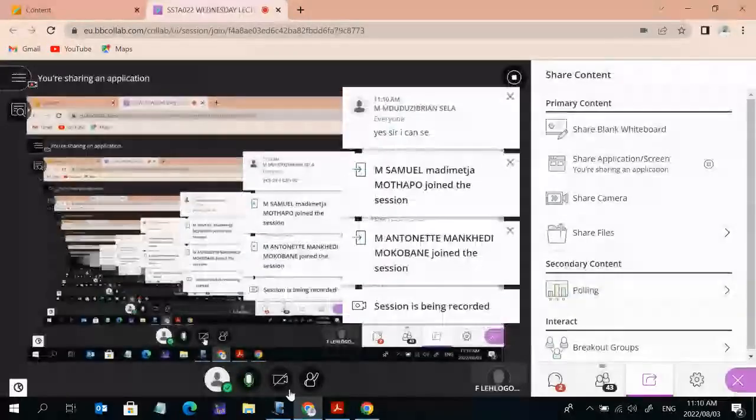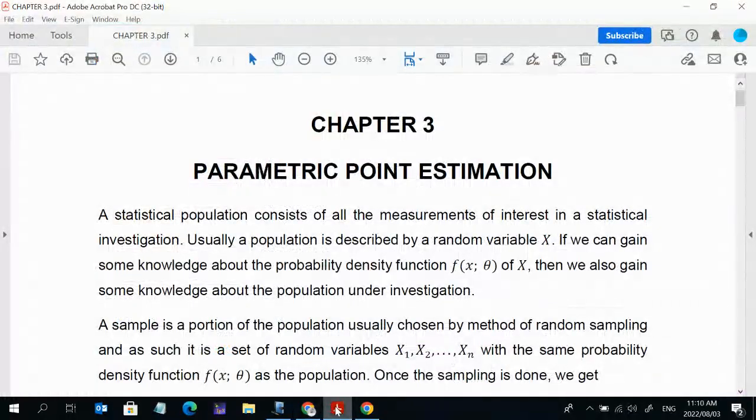So that we can start. On Monday, we started chapter 3, which is about parametric point estimation, and we discussed what parametric point estimation is. For the benefit of those who were not with us on Monday, we have a population. We discussed what statistical inference is. I'm not going there, but you know by now what we are doing in this module.